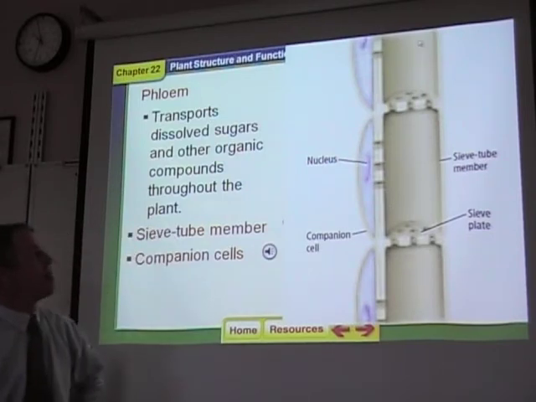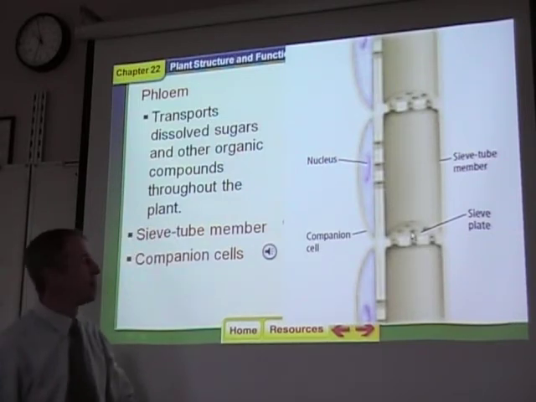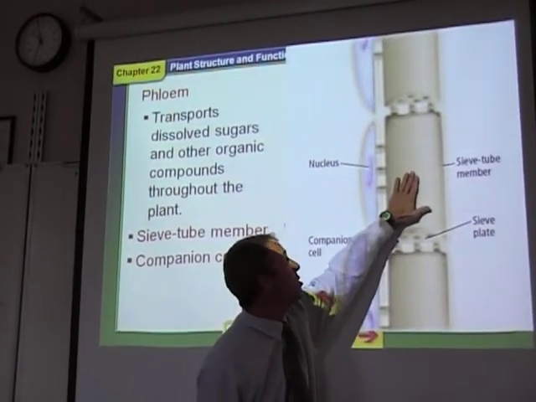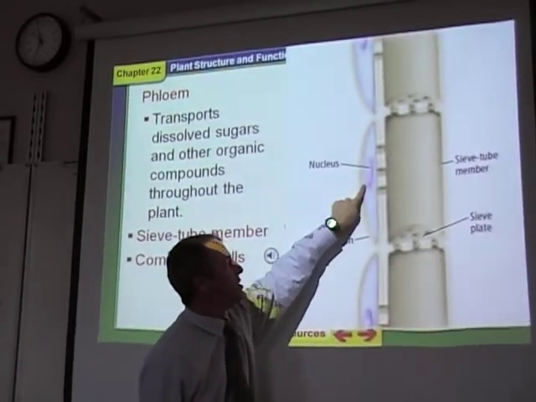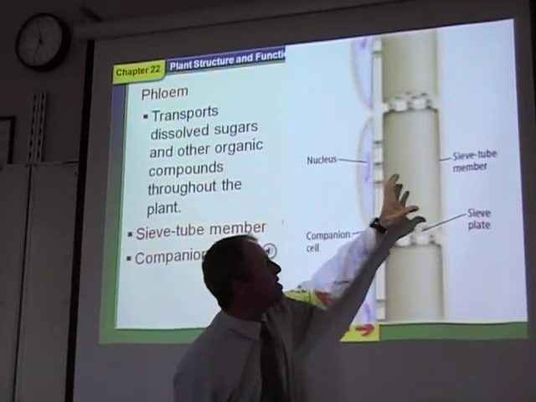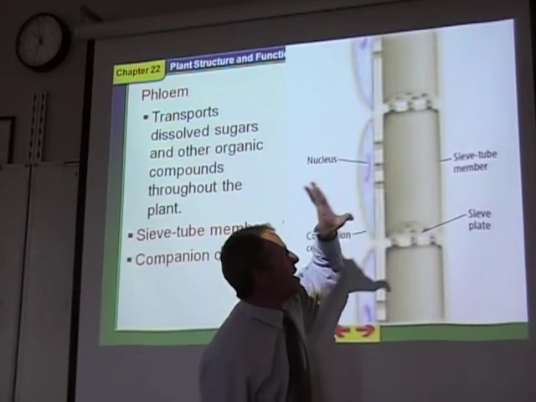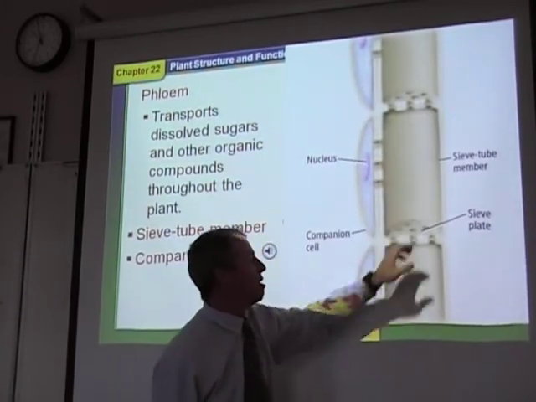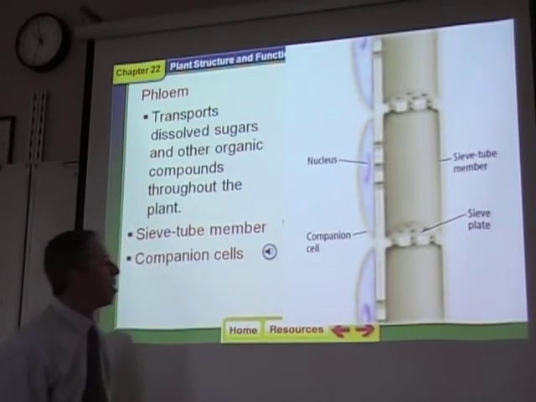So, this is what the phloem cells look like. The phloem cells consist of what we call sieve tube members and companion cells. A companion cell is a cell that attaches to a sieve tube member, and the sieve tube member is almost like one of those vessel cells that we saw.